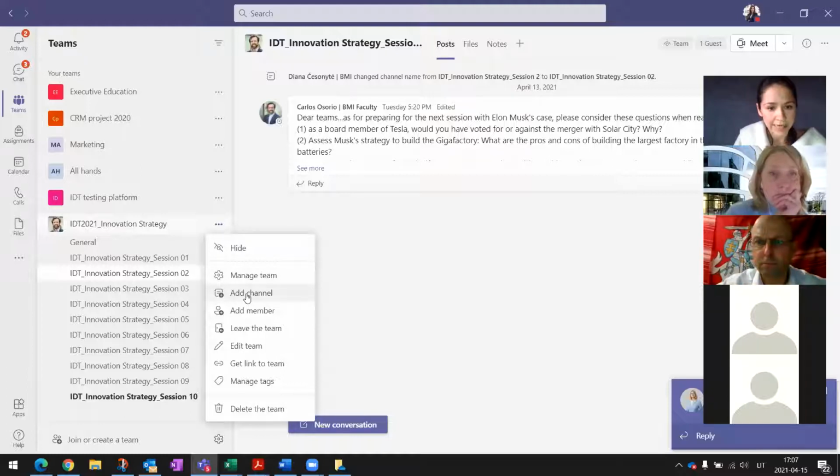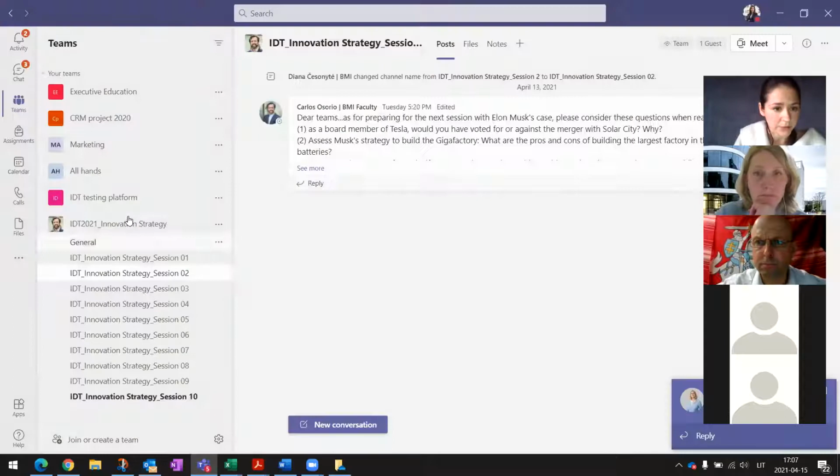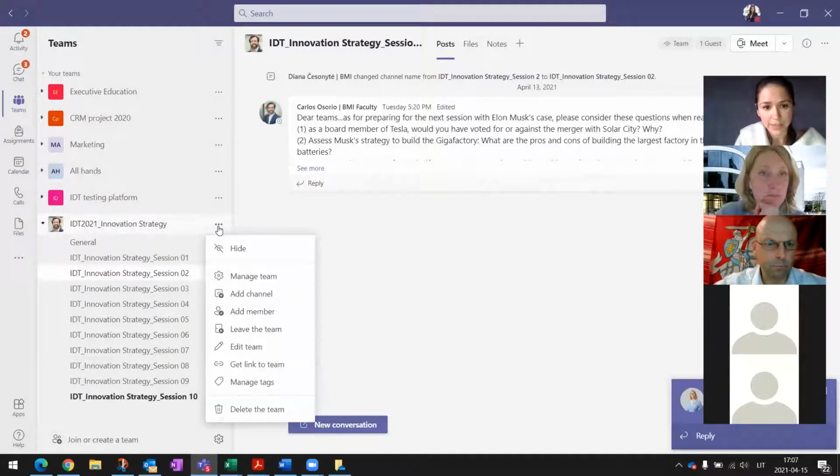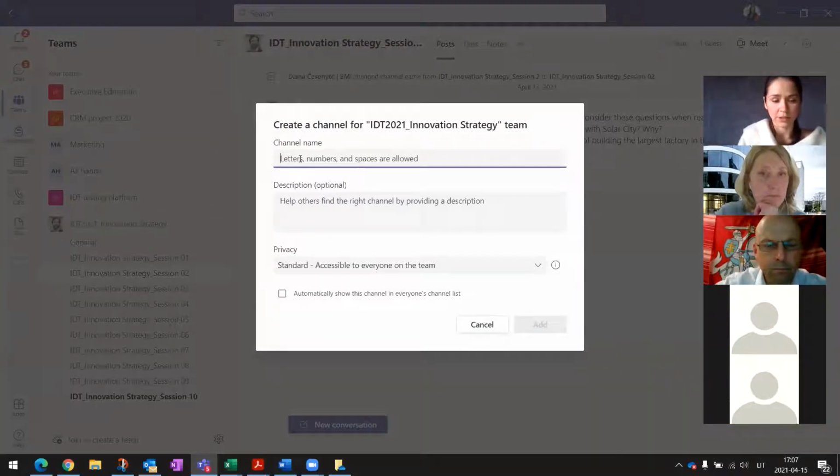So you should add a channel. Okay, from the beginning, if you didn't notice. Here you go to innovation strategy, the 3 dots, then you press add channel, then you name the channel the way you want. Let's say group 1, artificial intelligence, if it would be the topic you choose, for instance.